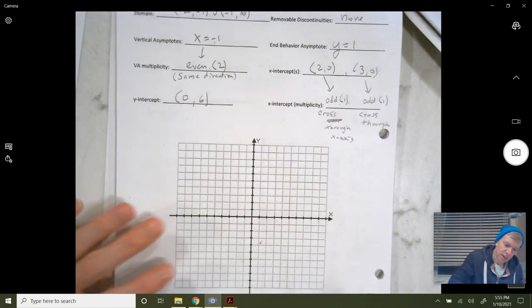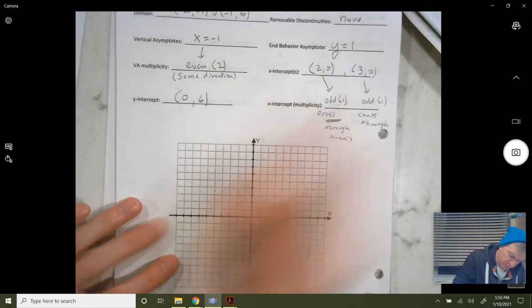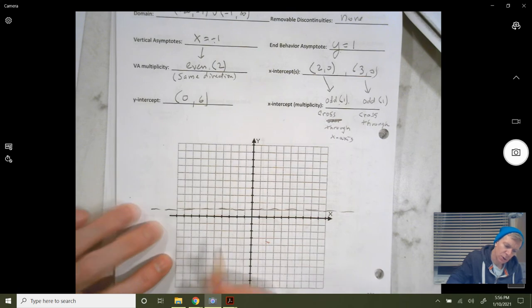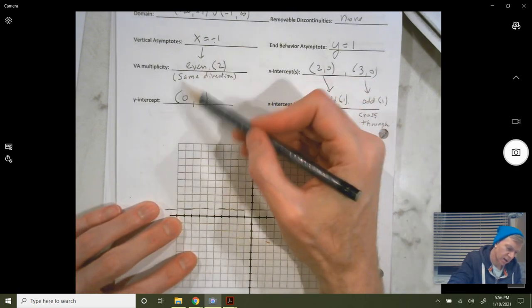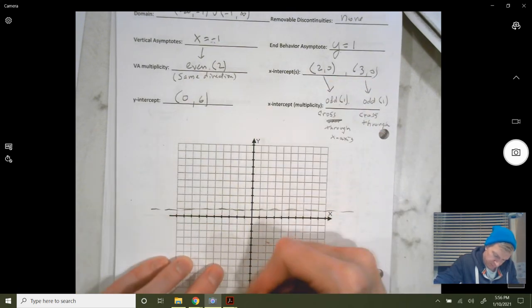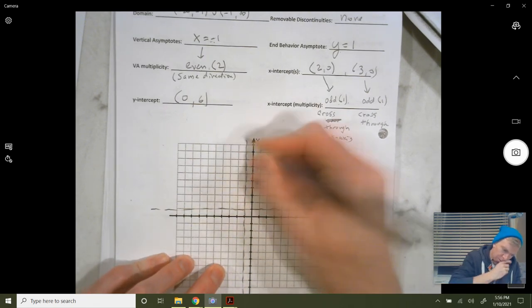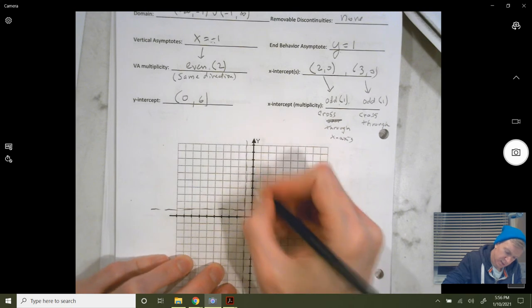Okay, start with our asymptotes. We've got a horizontal asymptote at y equals 1 and a vertical asymptote at x equals -1. The y-intercept is (0, 6).